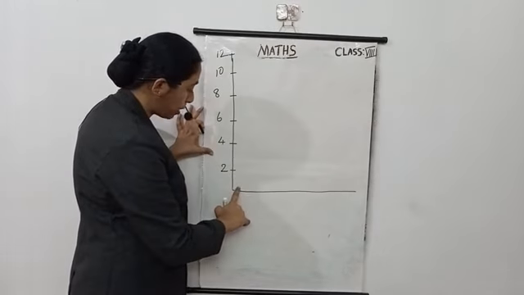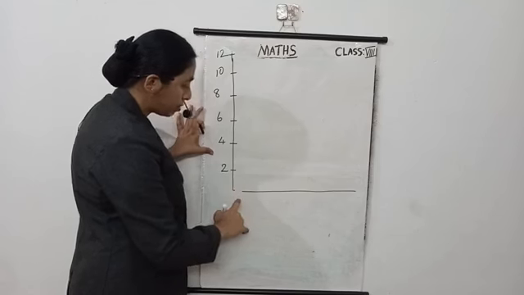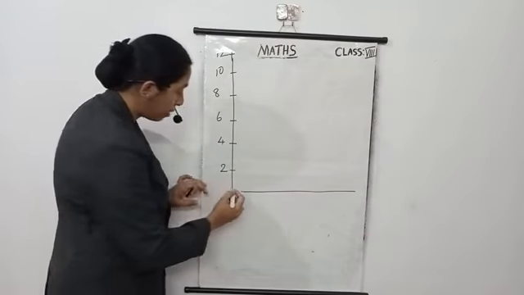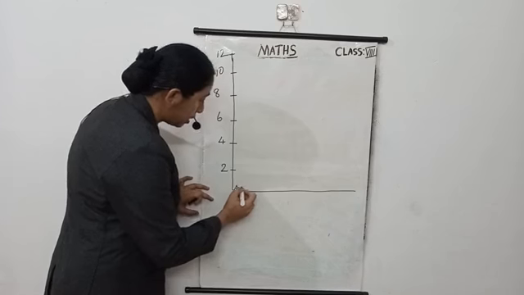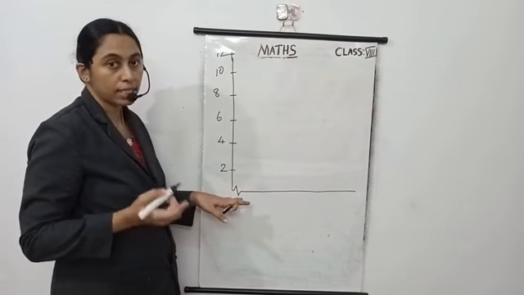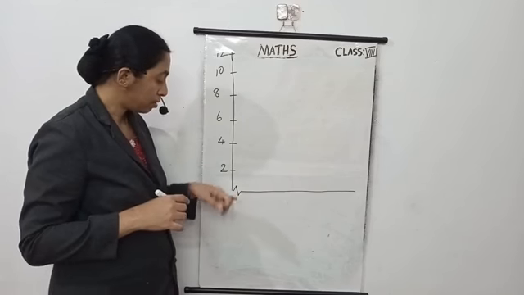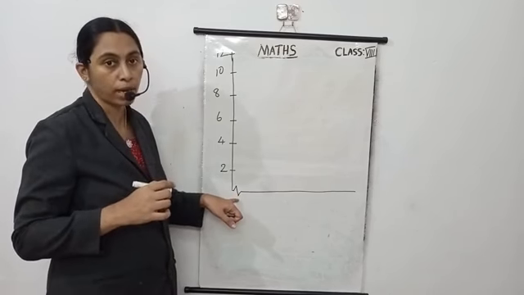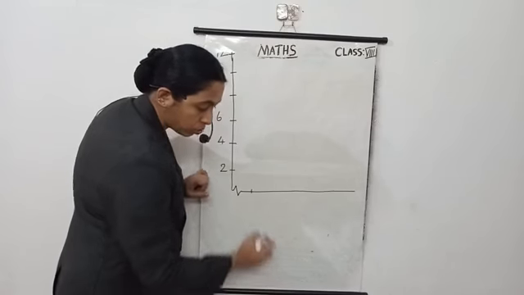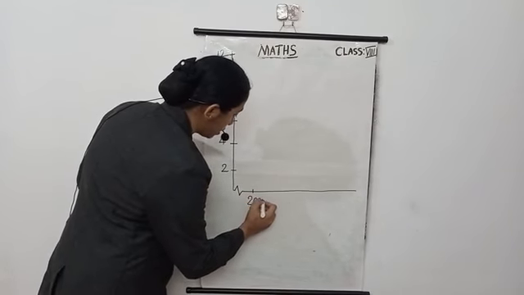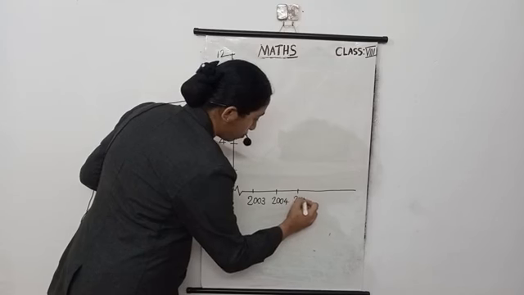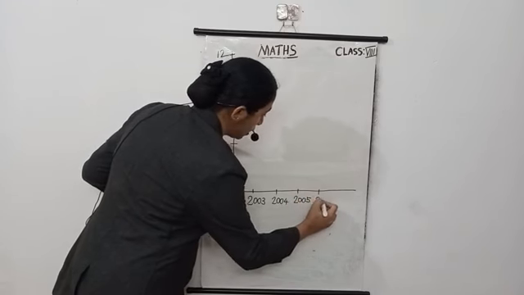And on this side we represent the year. We can't represent the years continuously, so here we put exact lines. We already learned this in chapter 5 related to the histogram, so please revise that. Here the starting year is 2003, then 2004, then 2005, then 2006.